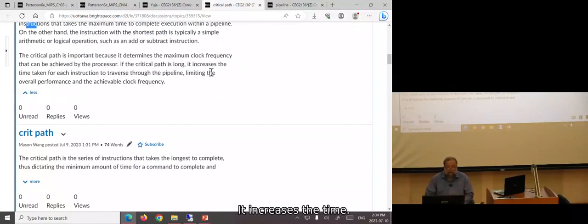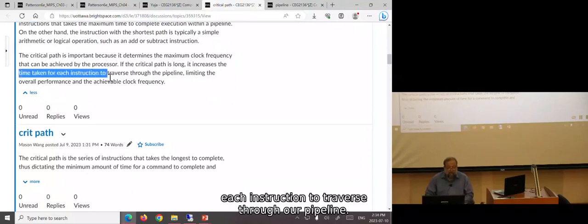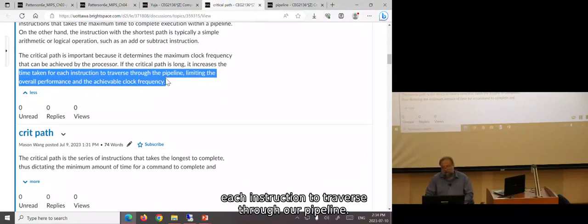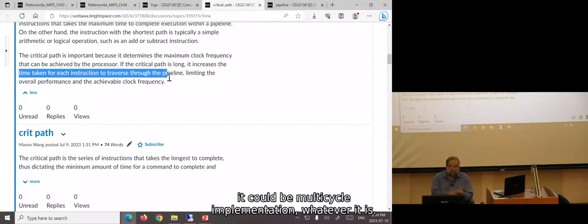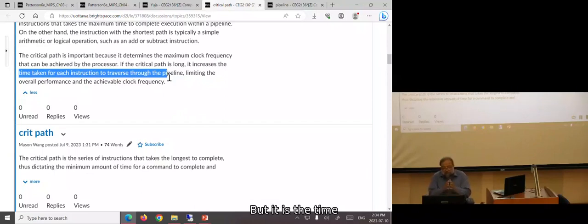If the critical path is long, it increases the time taken for each instruction to traverse through our pipeline. It couldn't be only a pipeline, it could be single cycle, it could be pipeline, it could be multi-cycle implementation, whatever it is. But it is the time that we have before the next clock cycle.